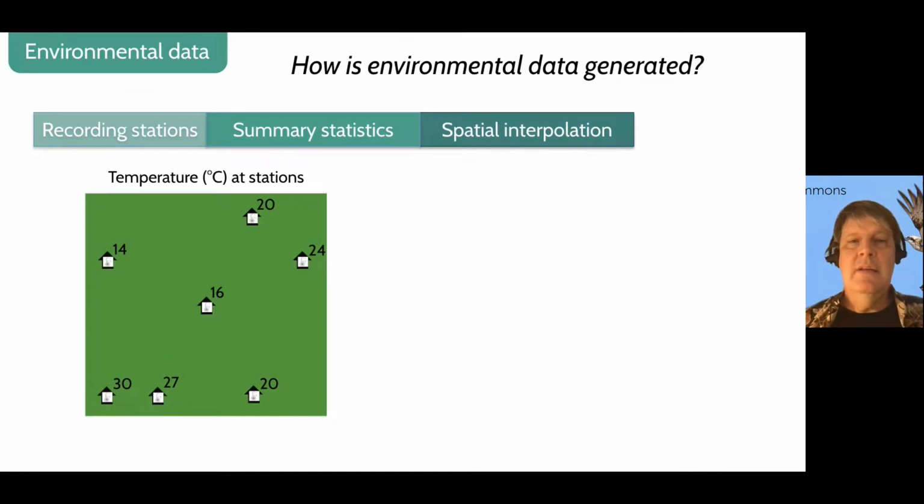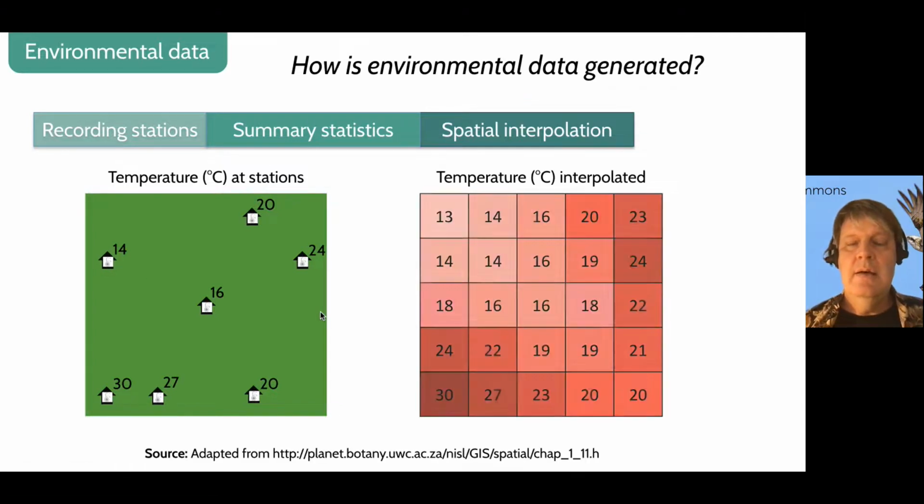And so if we look at how we deal with that kind of thing, if we've got a bunch of temperature stations that are collecting temperature data across our study area, we're just going to interpolate, right? We're going to use a function that says, well, it's somewhere between, here we have 24, so maybe this one's 23.